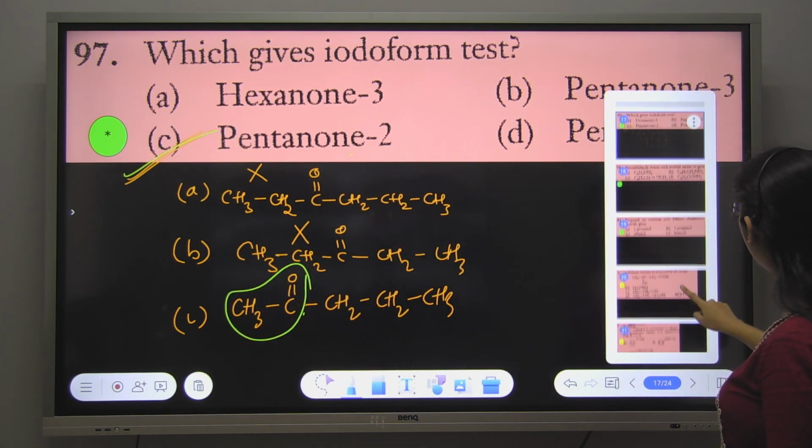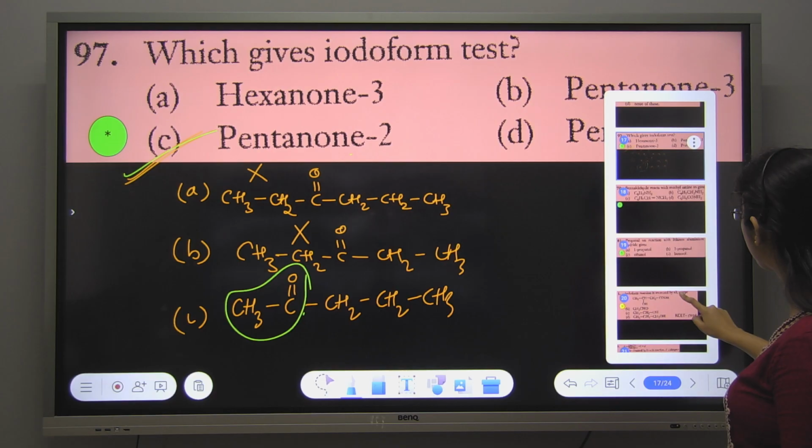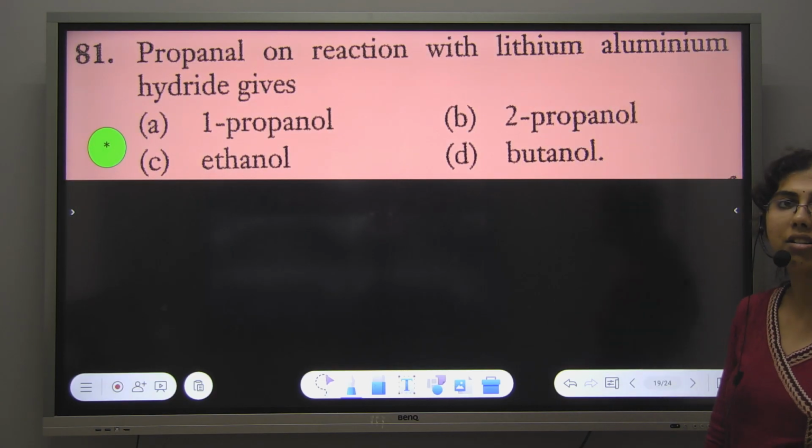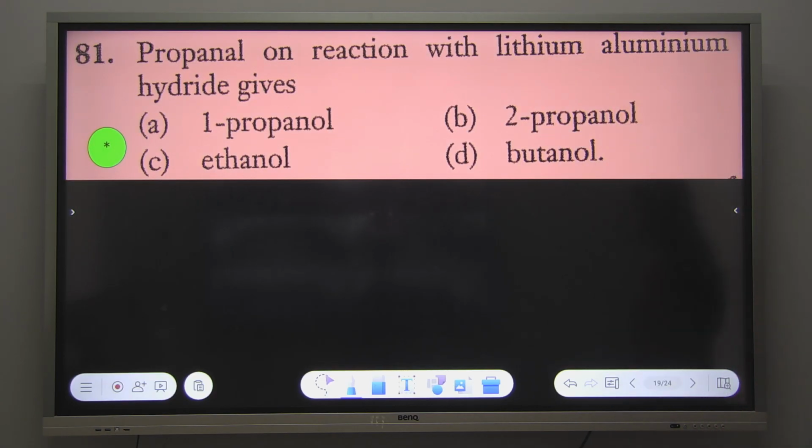Yes. Now, can you answer this simple easy question? Propanal on reaction with lithium aluminum hydride.